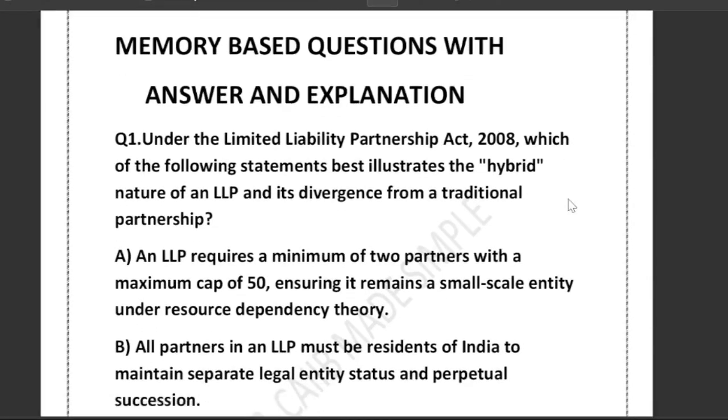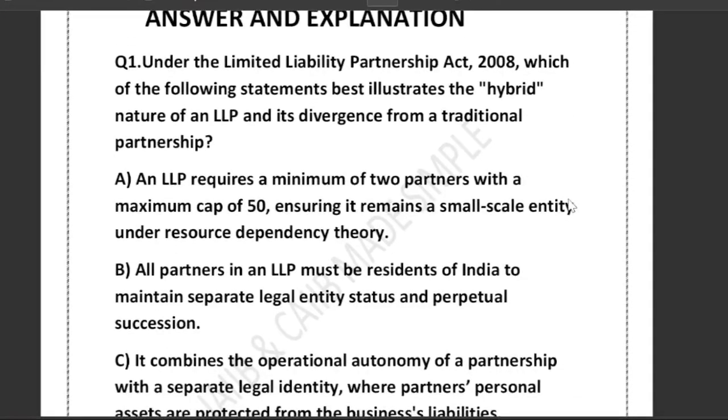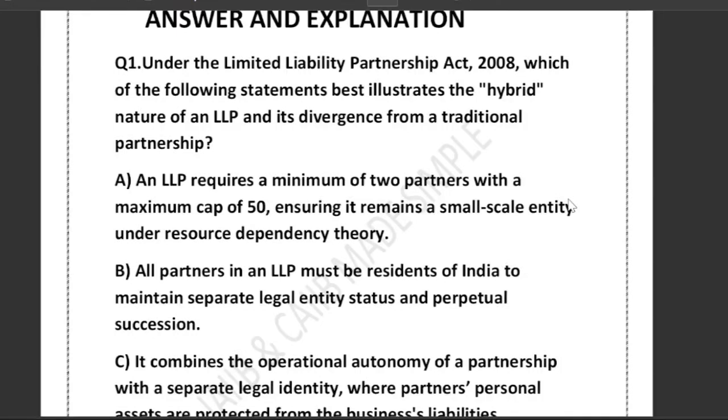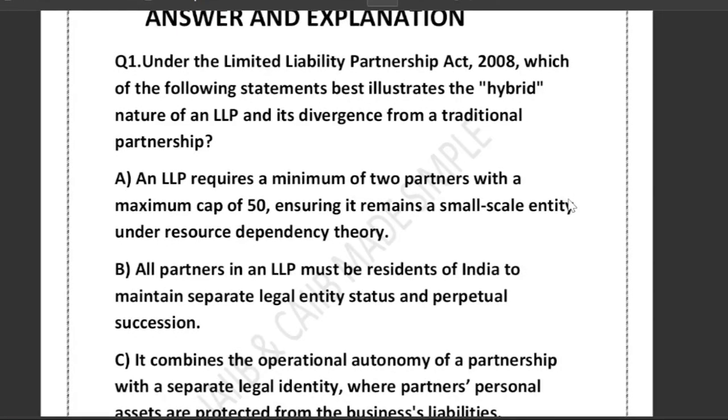The question is, under the Limited Liability Partnership Act 2008, which of the following statements best illustrates the hybrid nature of an LLP and its divergence from traditional partnership? Option A, an LLP requires a minimum of 2 partners with a maximum cap of 50, ensuring it remains a small scale entity under resource dependency theory.